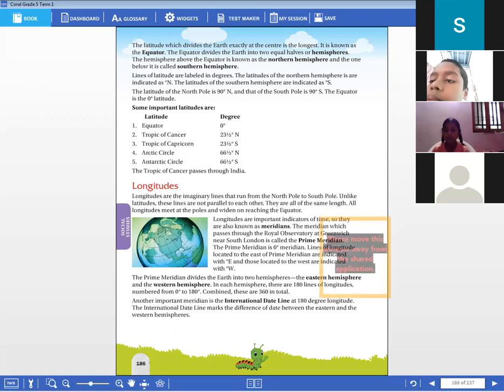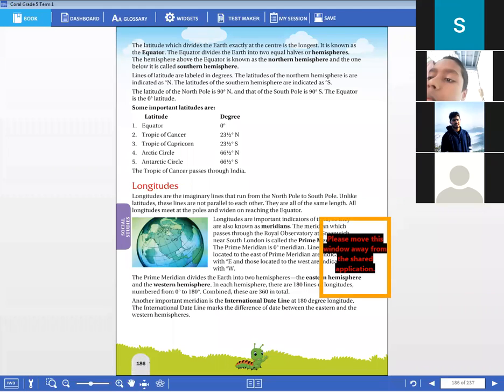In that aspect, we told longitudes are important indicators of time, right? Yes, ma'am. Longitudes are important indicators of time. And as they are important indicators of time, they are called meridians.